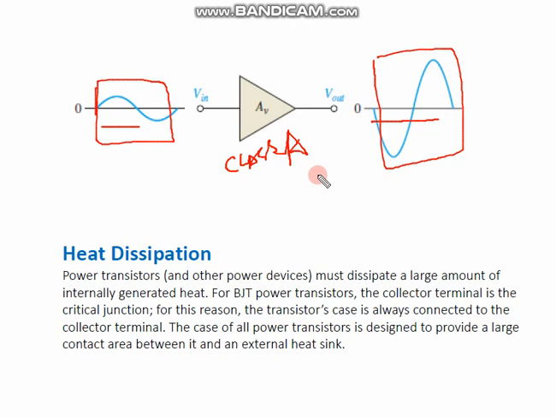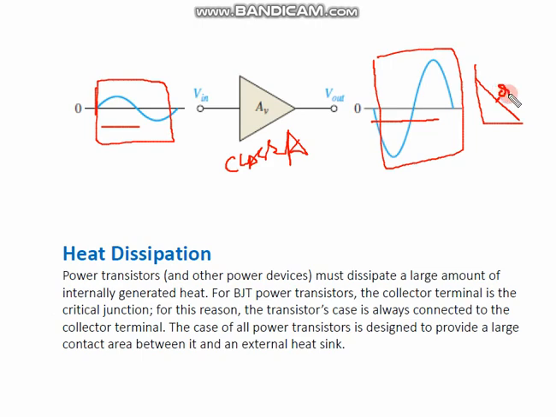Now the next question is: is it a small signal or a large signal amplifier? We can say that we don't know, because we don't know about its variation around its Q point, remember?